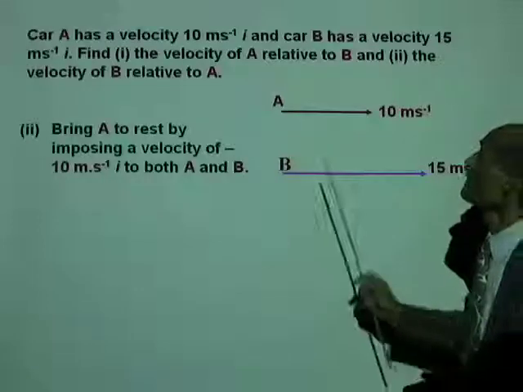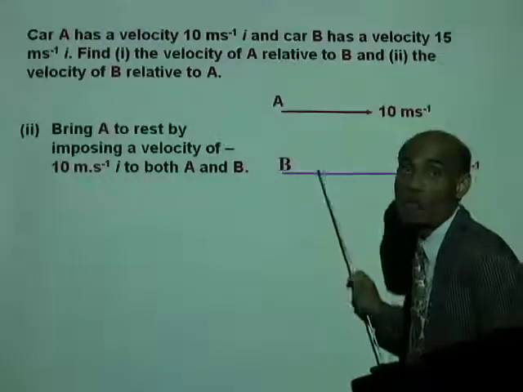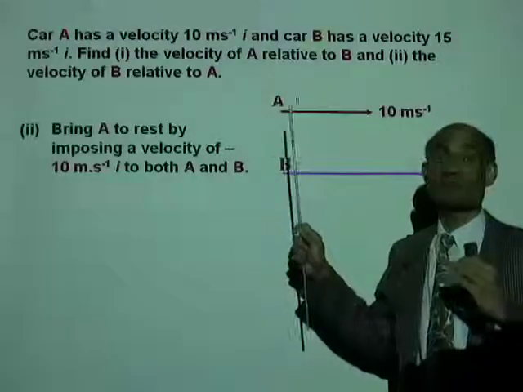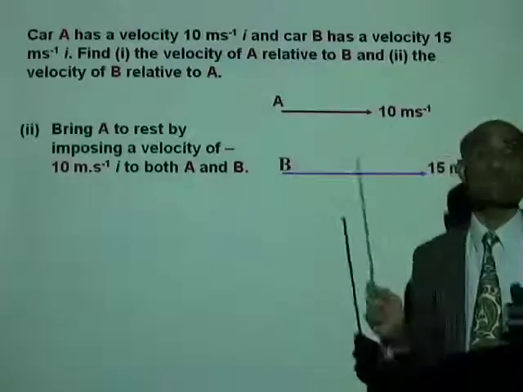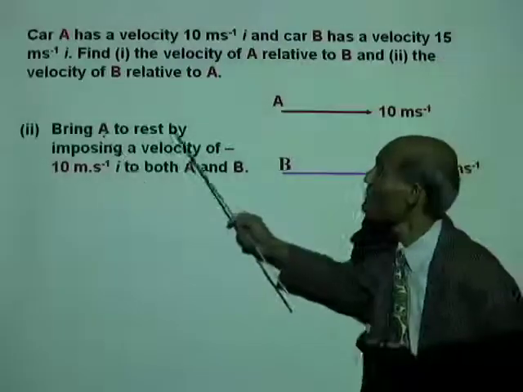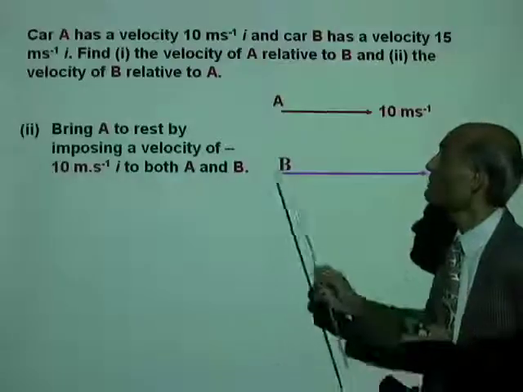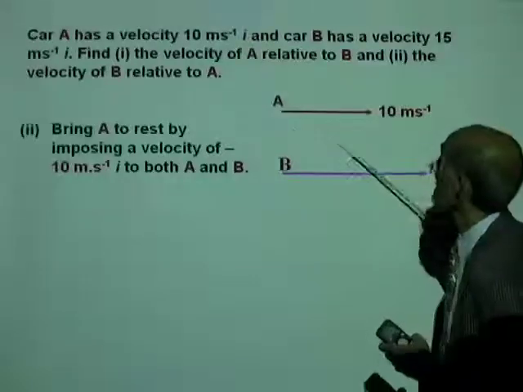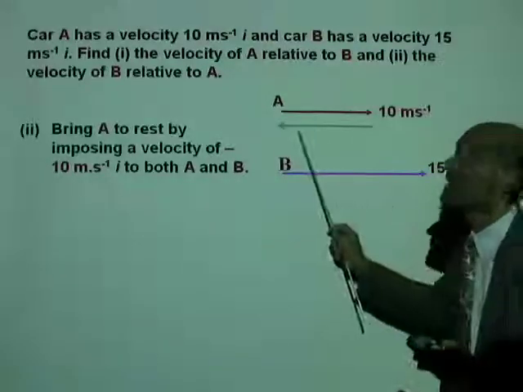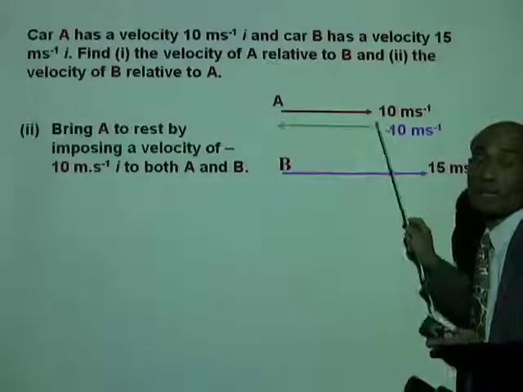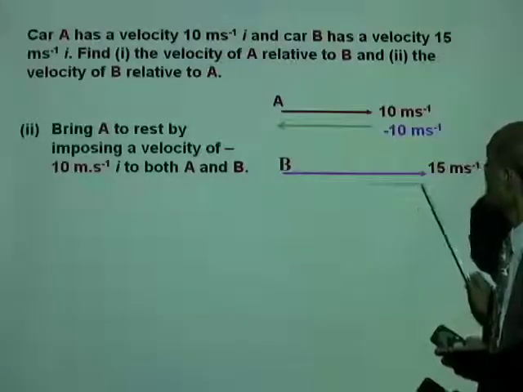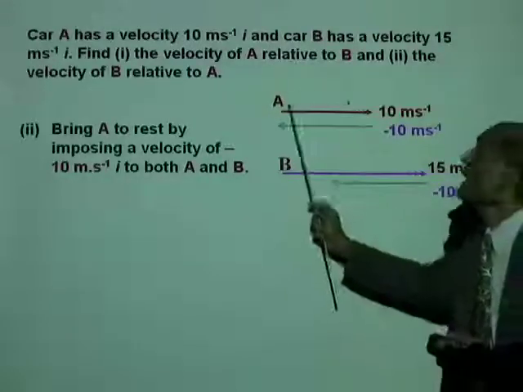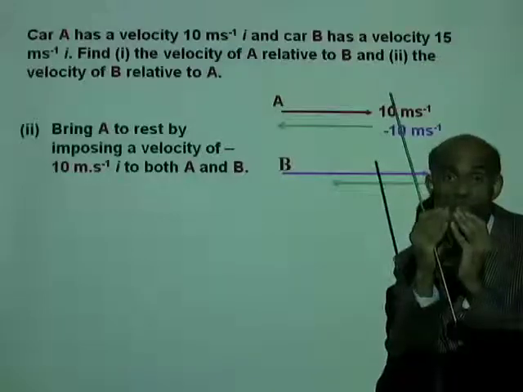In part 2, we need to find the velocity of B with respect to A. So this time A is the reference frame. So we need to bring A to rest. So bring A to rest by imposing a velocity of negative 10 meters per second to both A and B. So here negative 10 meters per second imposed on A and negative 10 meters per second imposed on B. And now A comes to a stop, that is the reference frame.